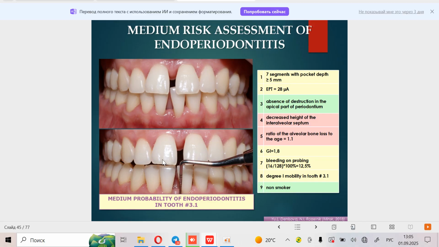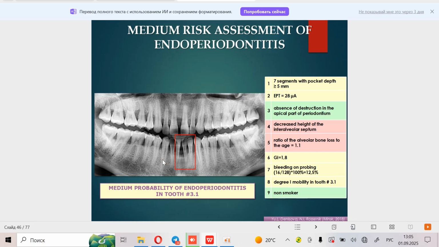In the radiograph, you can see endoperiodontitis of tooth 3.1, and in this case 2 parameters are in the high risk assessment: decreased height of the intra-alveolar septum and ratio of the alveolar bone loss to the age 1.1.